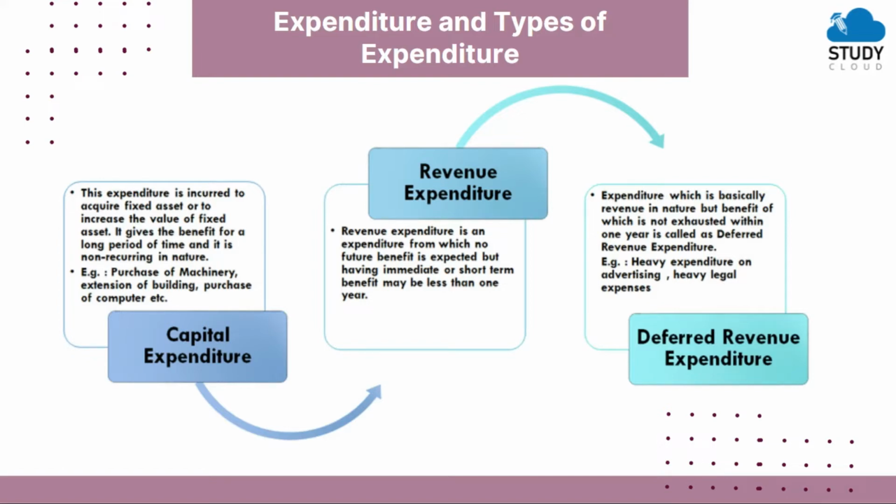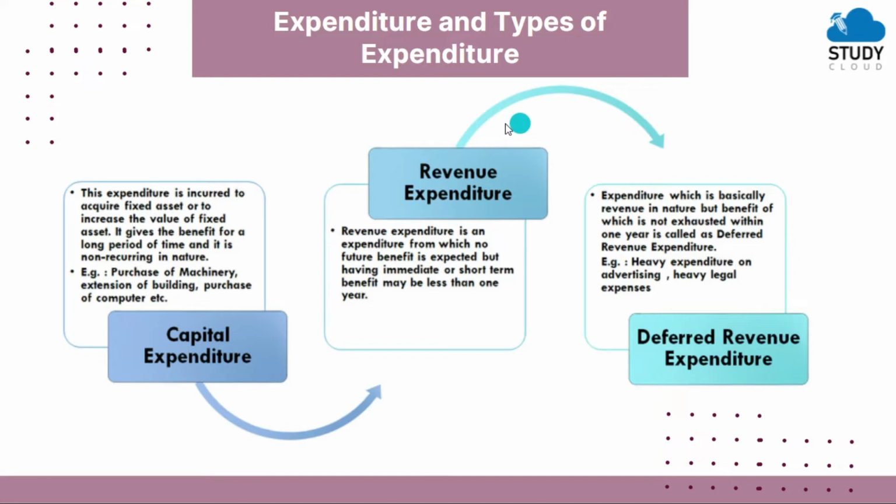So whatever expenses you do to purchase fixed assets is known as capital expenditure, and it is non-recurring in nature, means you will not do such expenditure again and again. For example, if you buy a land or building, then you are not going to purchase land and building again and again. So here the examples are purchase of machinery, extension of building, purchase of computer, etc.